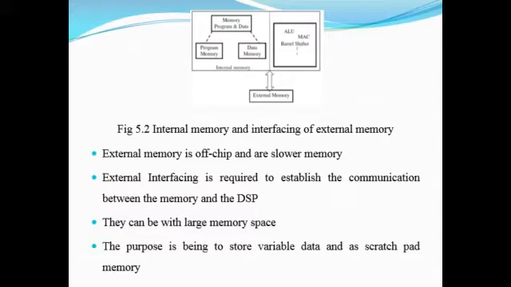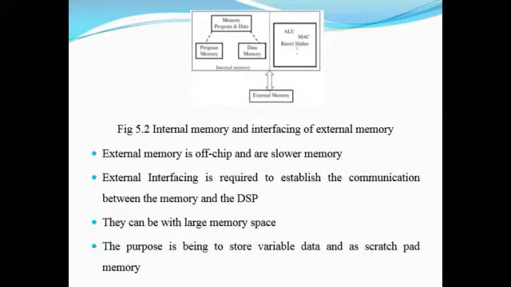The same thing is highlighted here, stating that external memory is off-chip and very slow. External interfacing is required to establish the communication between the memory and the DSP. We can see in the block diagram that the communication can be serial or parallel. We have already discussed that in the previous slide.